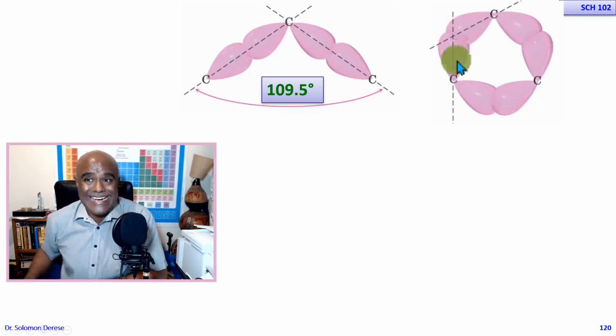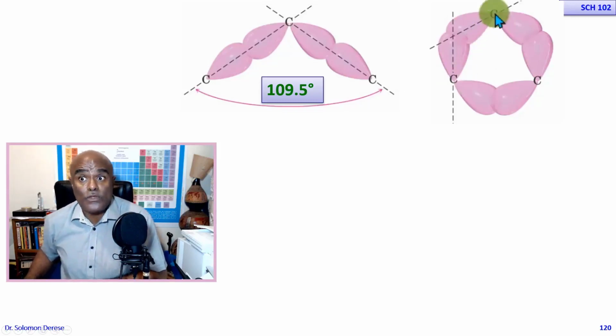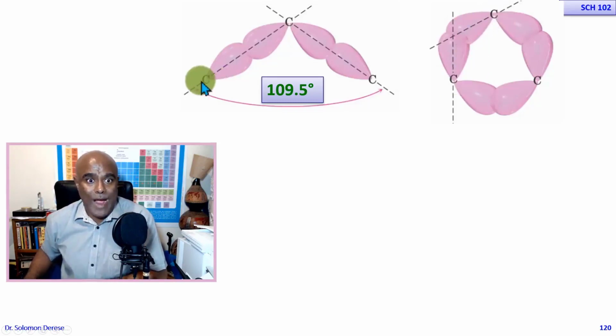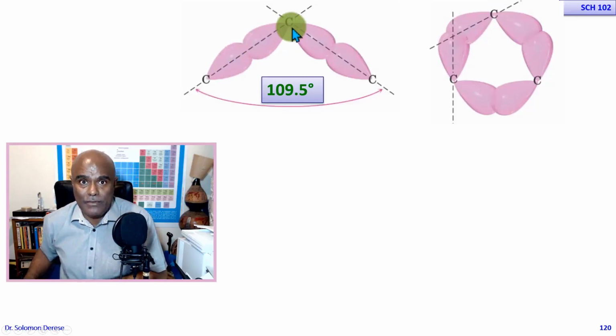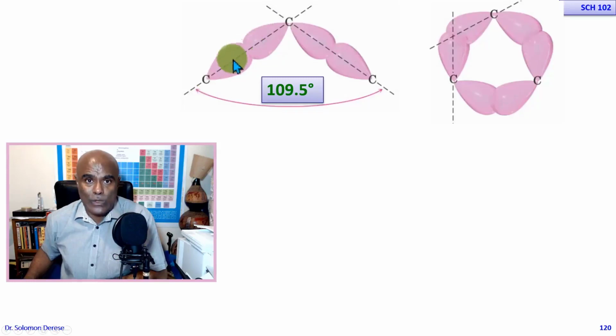They are not under the direct influence of the nucleus. So the force of attraction the nucleus has for the electrons is minimum, while in the case of an ideal orbital overlap of an sp3 hybridized orbital, the electrons lie across the nuclear axis. So the nucleus has a very strong attraction for these electrons. As a result, these bonds are very, very strong.